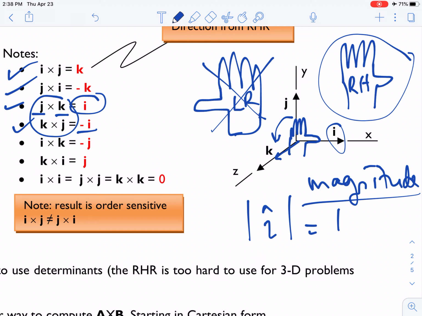That would give you the negative i hat direction. But how you get that is really you're putting your four fingers along the z direction and making sure that you curl your fingers up towards j hat. And the only way you can do it is by pointing your thumb along the negative i hat direction.